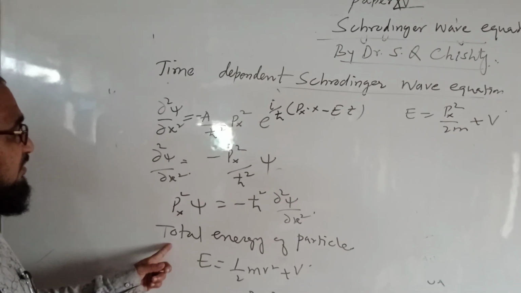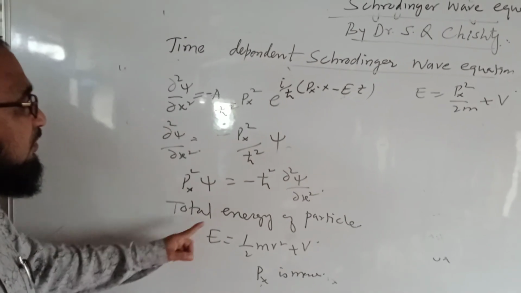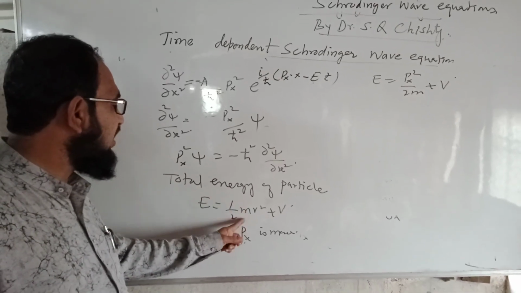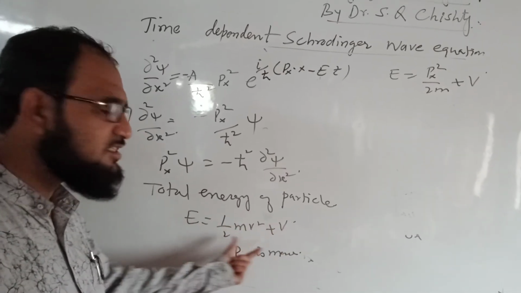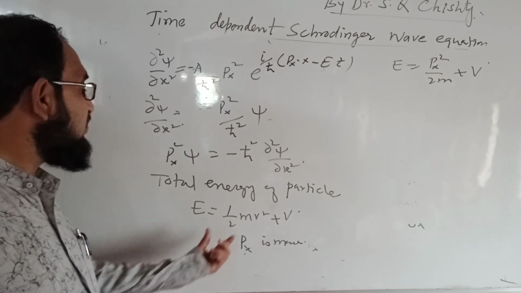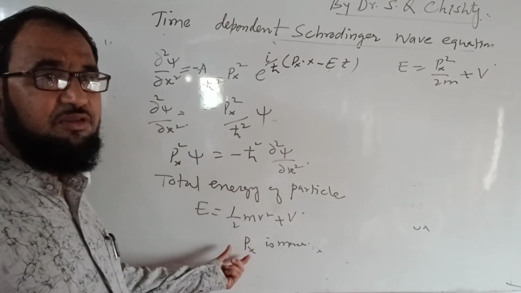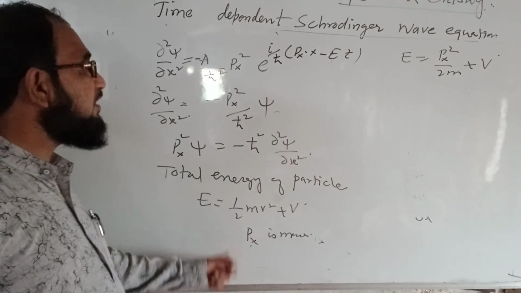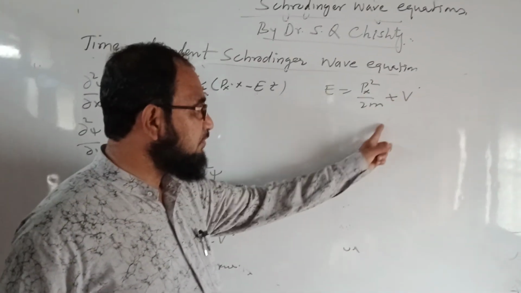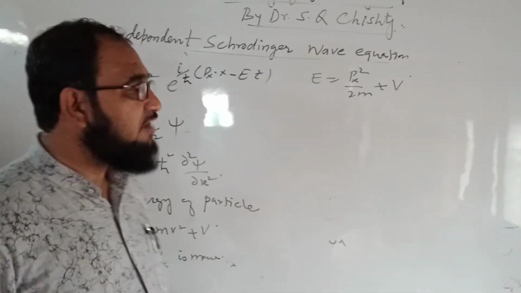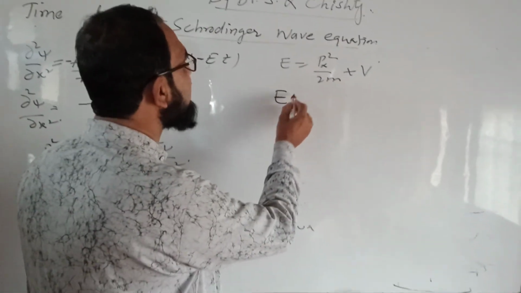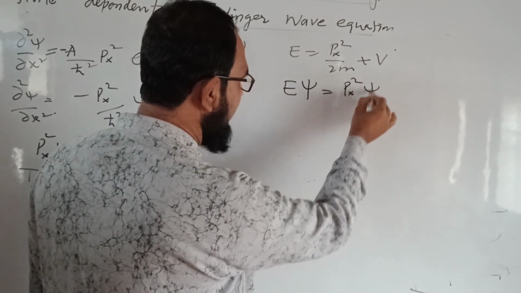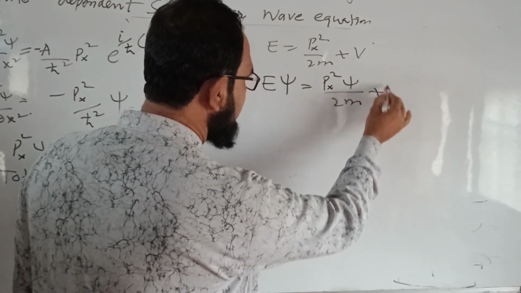When particle is not free to move, then the total energy of the particle is given by E is equal to half mv square plus V, that is the kinetic energy plus potential energy. Now this kinetic energy can be replaced in terms of the momentum as px square upon 2m plus V. Now I will multiply both sides by psi. So E psi is equal to px square psi upon 2m plus V psi.